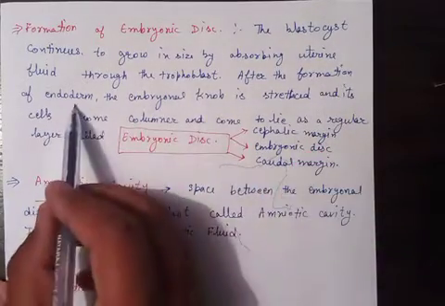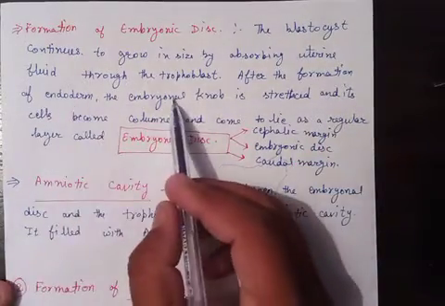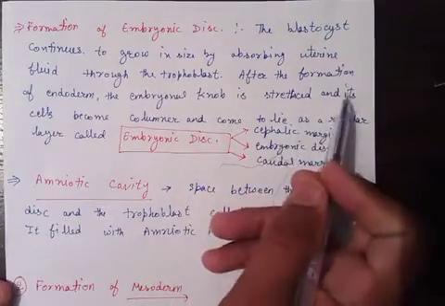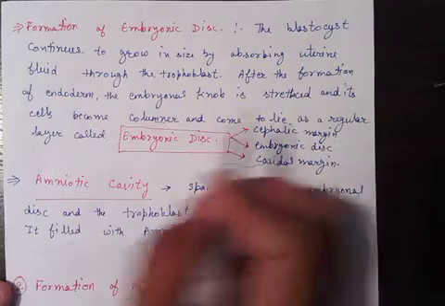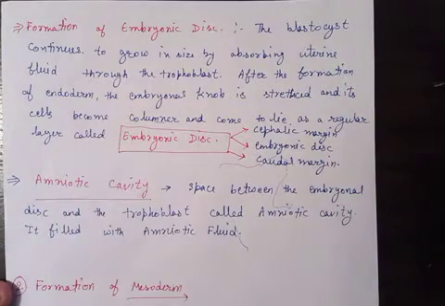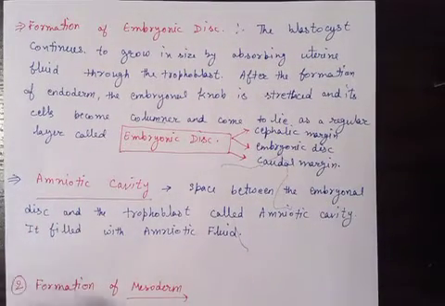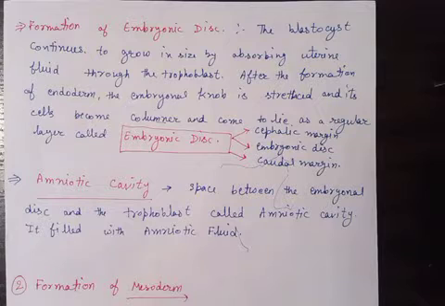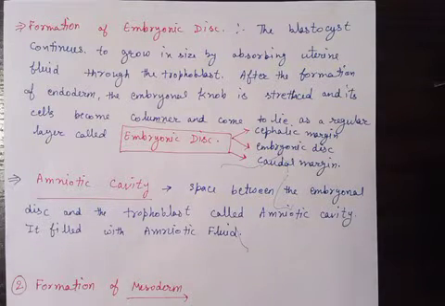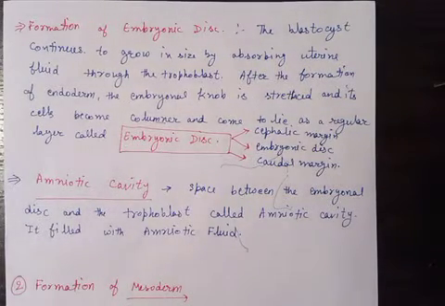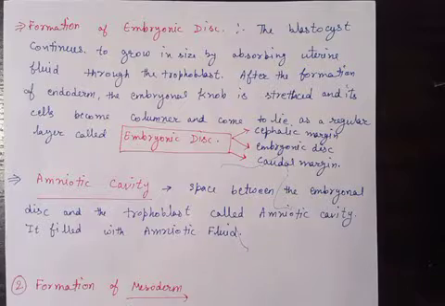After the formation of endoderm, the embryonal node is stretched and its cells become columnar and come to lie at the regular layer. After the endoderm is formed, the embryonal node cells convert into columnar cells to form the embryonic disc.